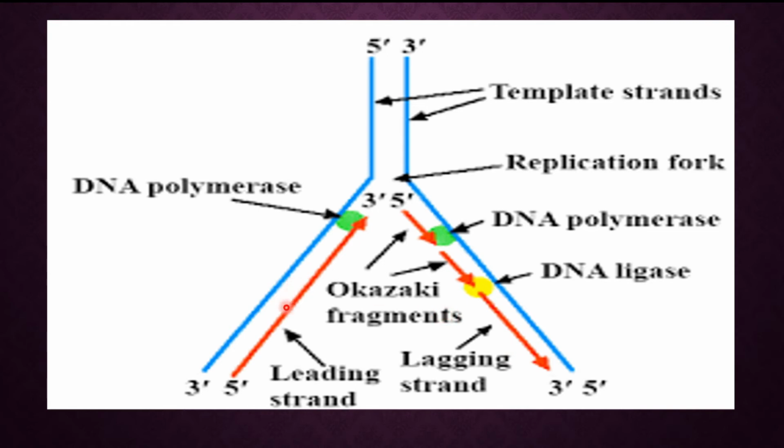What is the first point here? Because of the breaking of these hydrogen bonds, the two strands get separated, and as they get separated, they form an inverted Y-shaped structure, which is called replication fork, or also called replicating fork. Now one more point is there.